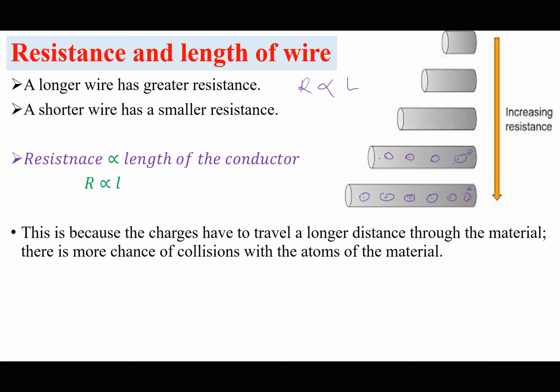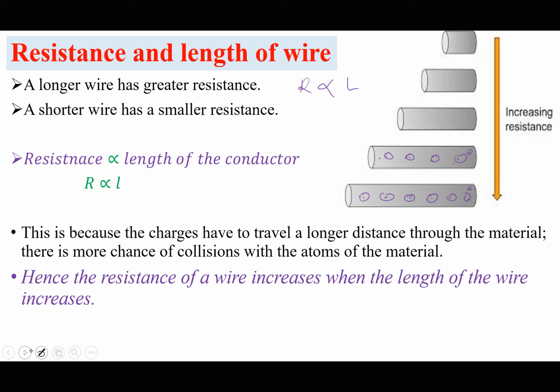So the longer the material, the more chances of a charge carrier colliding with a vibrating atom. That's why resistance increases with the length. Hence, the resistance of a wire increases when the length of the wire increases.